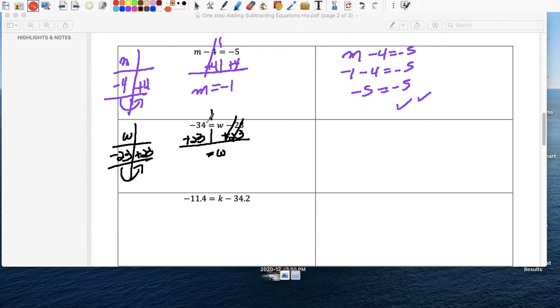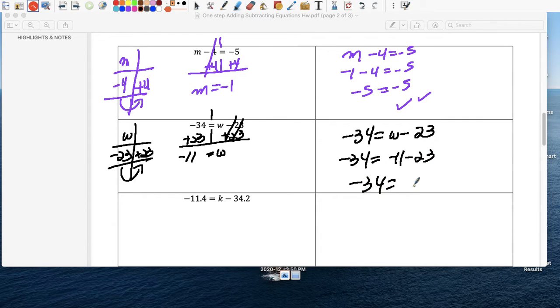And negative 34 plus positive 23 is going to be negative 11. Let's see if that's true. If I replace w with negative 11, will this give me negative 34? Negative 11 minus 23 is definitely negative 34.